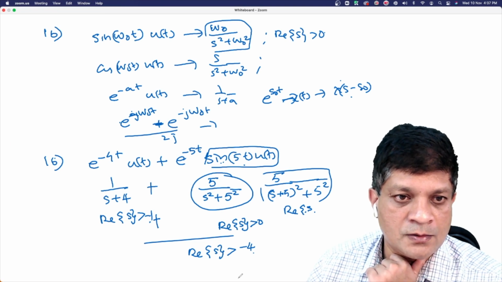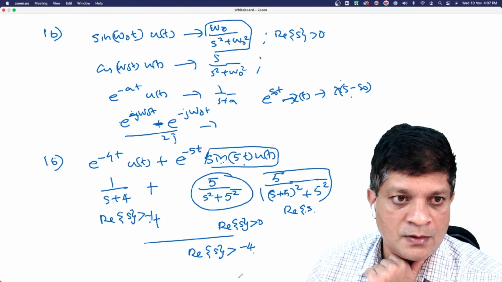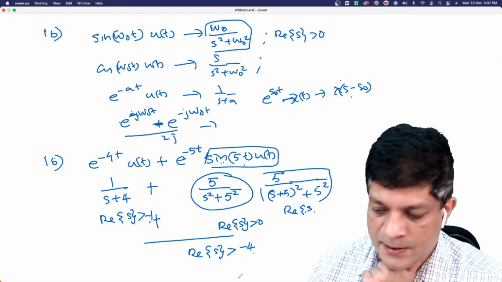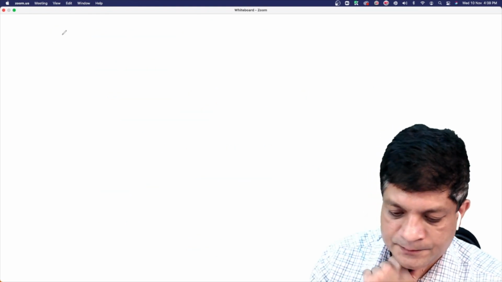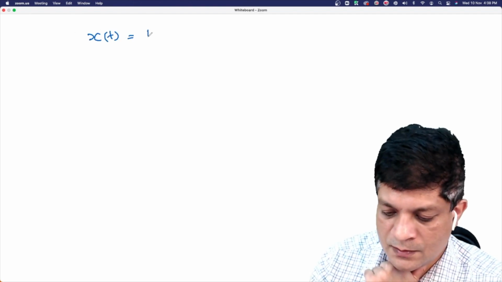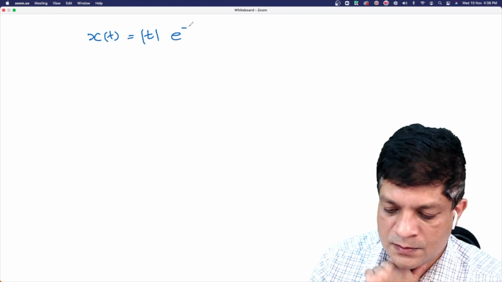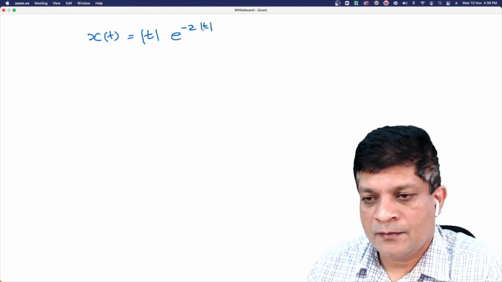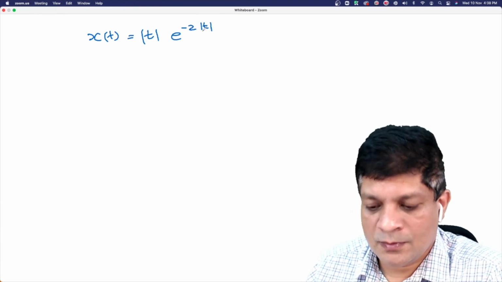Okay, one more question. Let's say E part. x(t) is equal to mod t e to the power minus mod t. Okay. Can we convert it into some standard form?